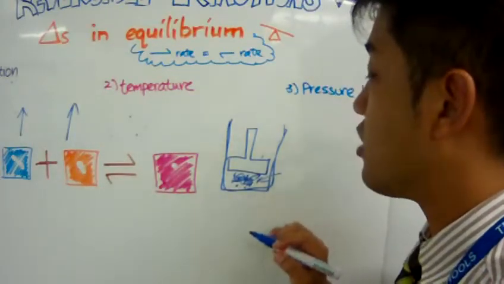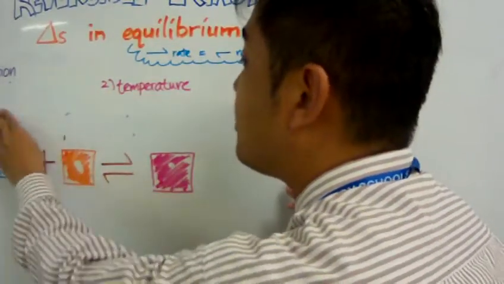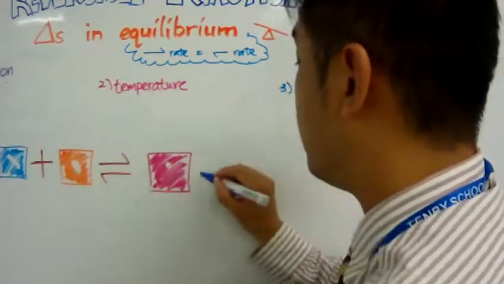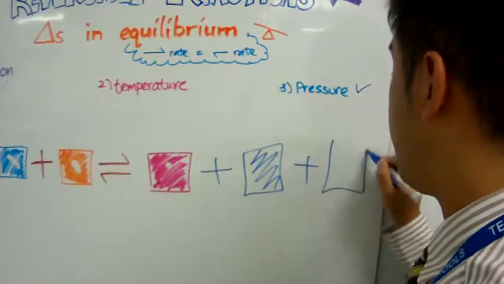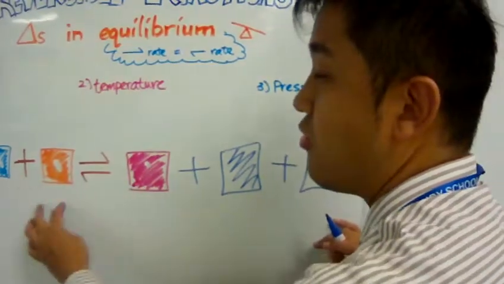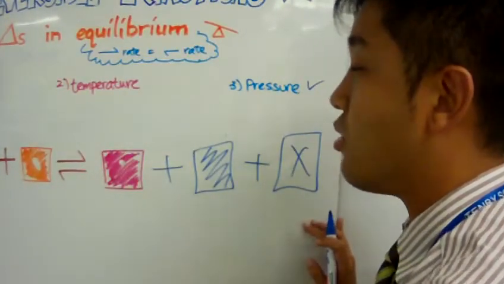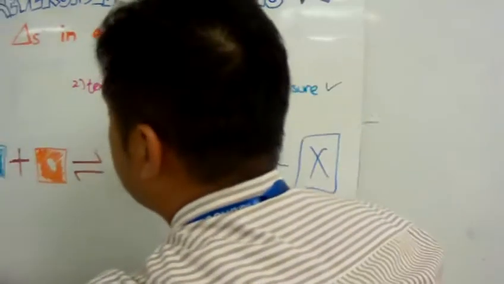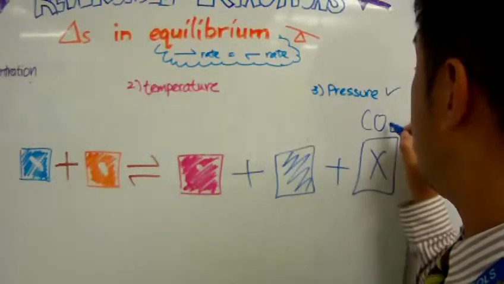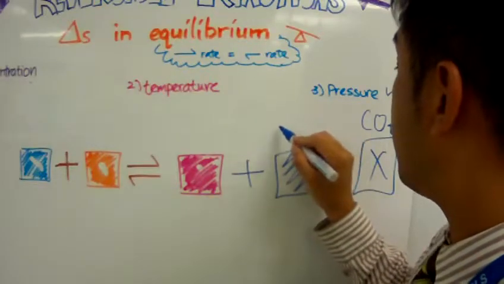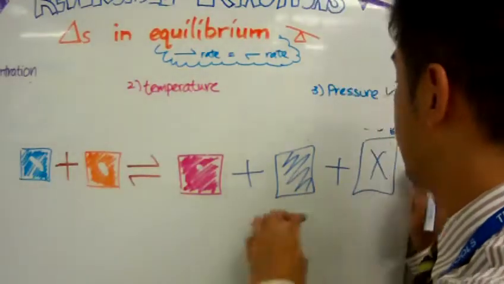All right, so if the reversible reaction happens to be, let's say, making this and this, so two of these reactants making three different types of products. So if you change the pressure, right? This can be a classic example where one is CO2, one is H2O. Forget about the specific examples. Okay?